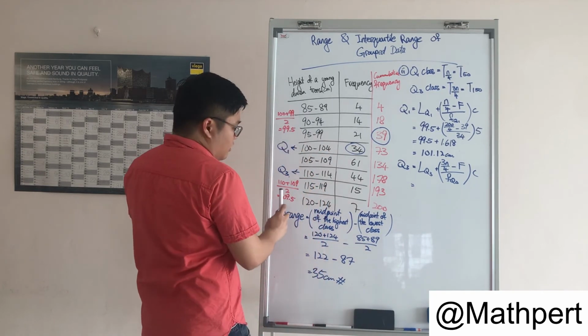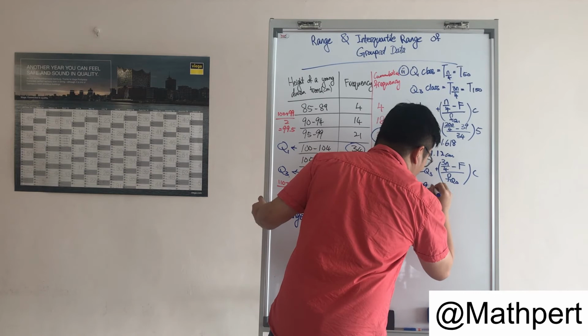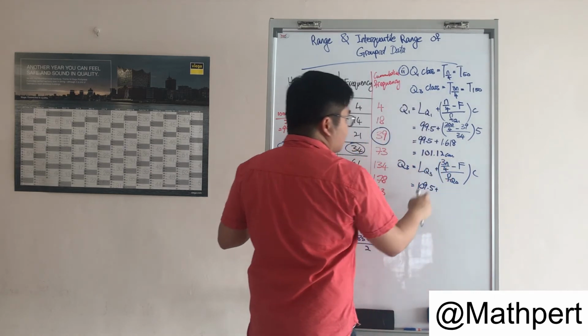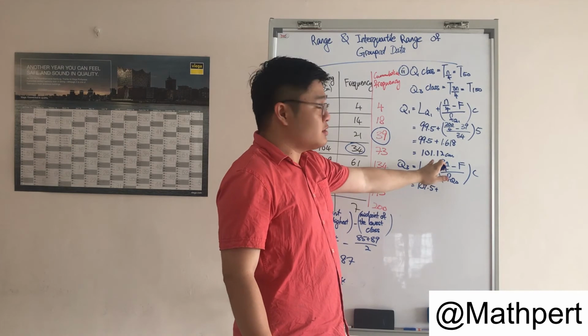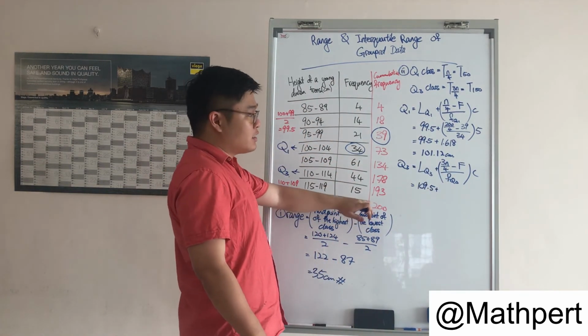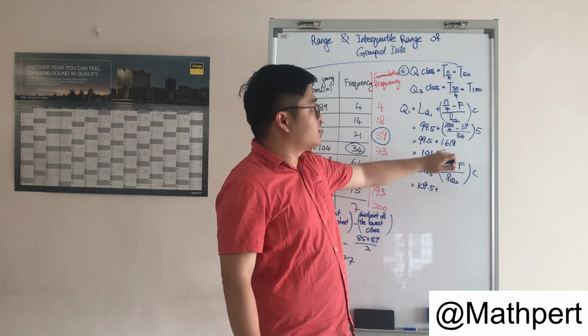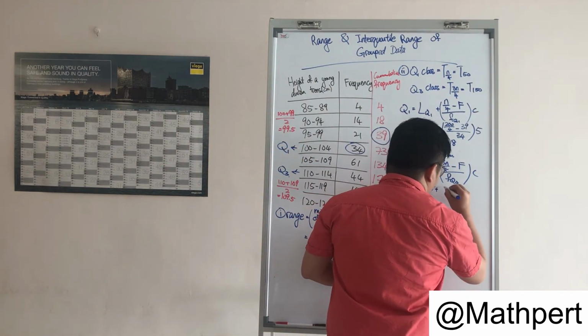So the lower boundary of the Q3 class is 109.5 plus 3n over 4, meaning 3 multiplied by n, 200, is 600. 600 divided by 4 is 150.